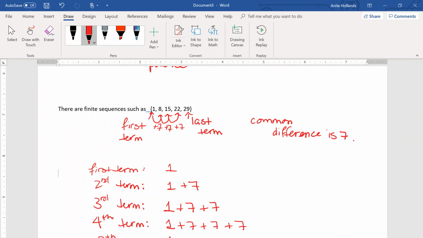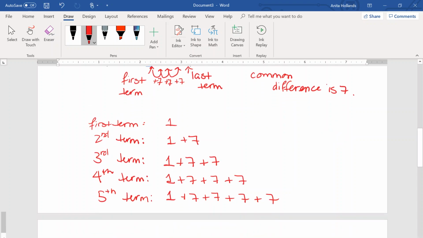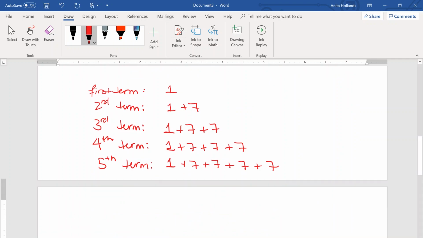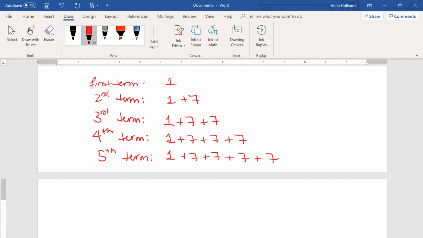So one more common difference every time we go through it. So this pattern then, we could say this is our first term and we're adding 4 times our common difference. 4 is 1 less than the term that it is. So 5 minus 1 times 7.